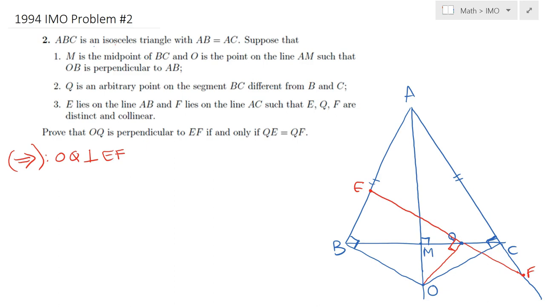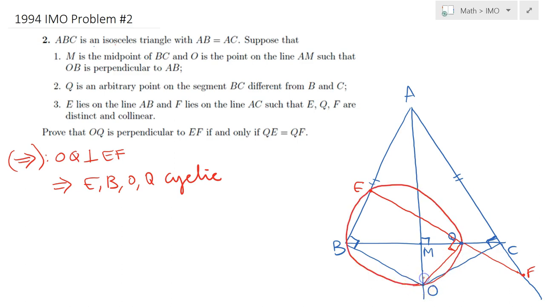As a result, the circle with diameter OE would go through the points B and Q as well, suggesting that points E, B, O, Q are cyclic. Let me go ahead and draw this circle here. Here, OE is the diameter of that circle, so let me also draw that diameter.